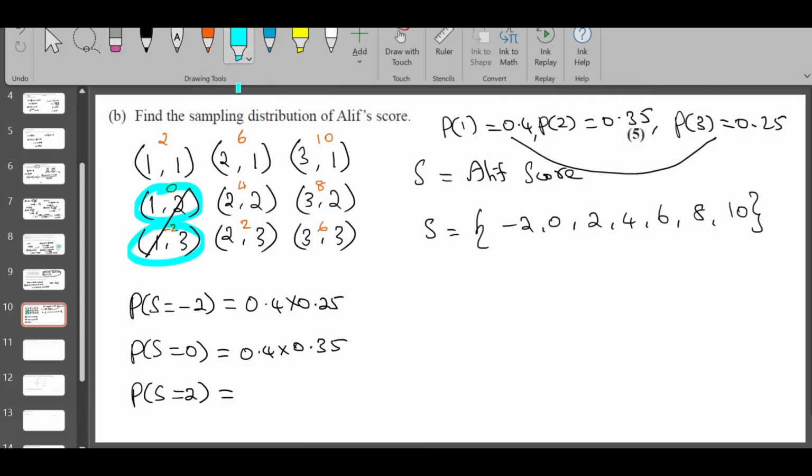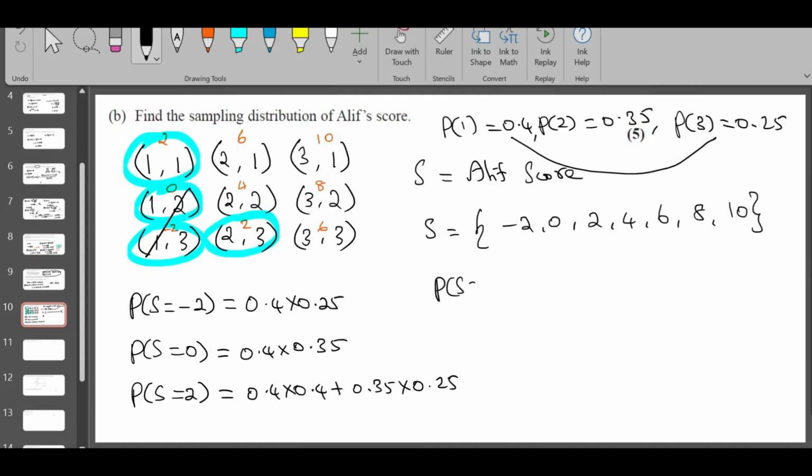For 2 there are two combinations, 1 1 and 2 3. So 1 1 plus 2 3. And then probability of S is equal to 4. There is only 1 2 2. That's 0.35 squared.